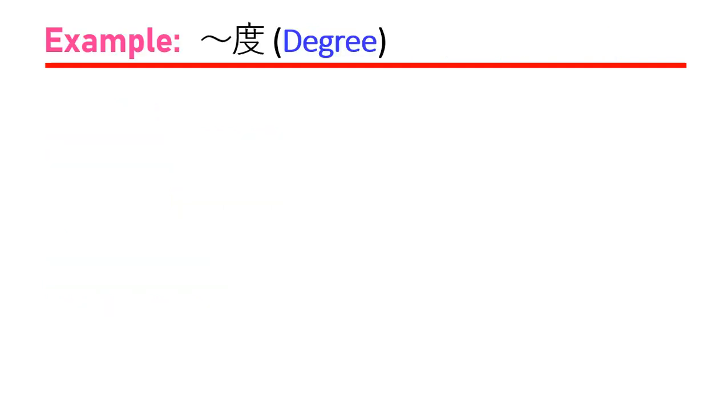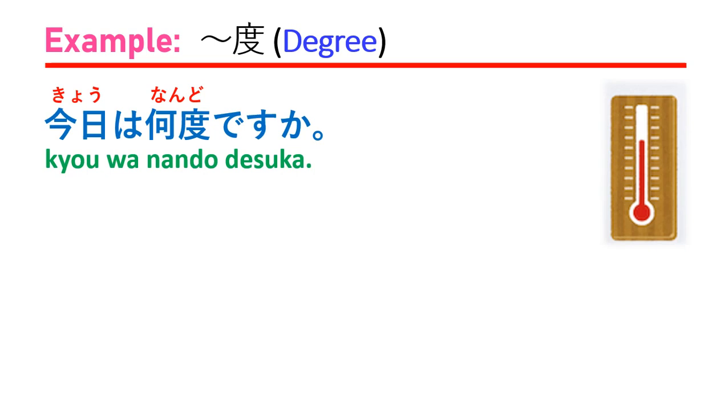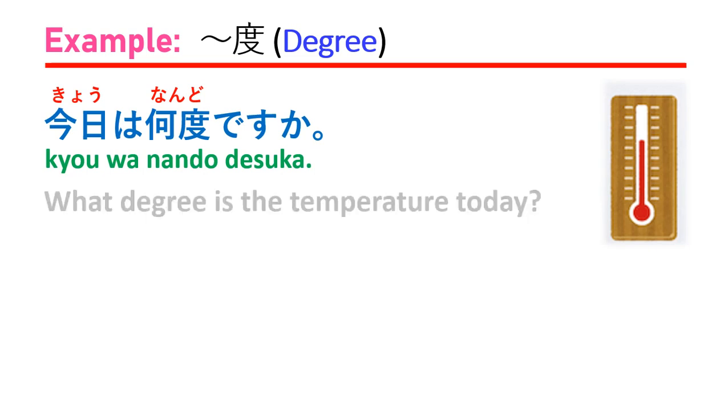Now let's see some examples of how to use the unit "do" to count degrees. The first example, 今日は何度ですか? Which means, what degree is the temperature today?